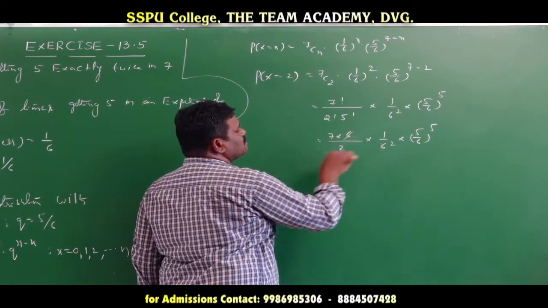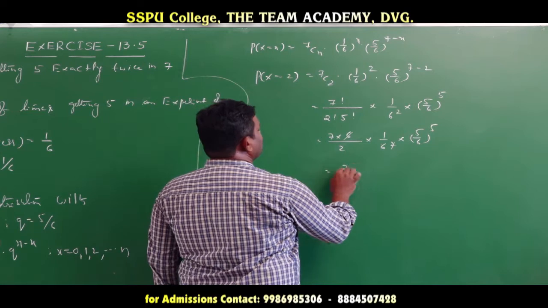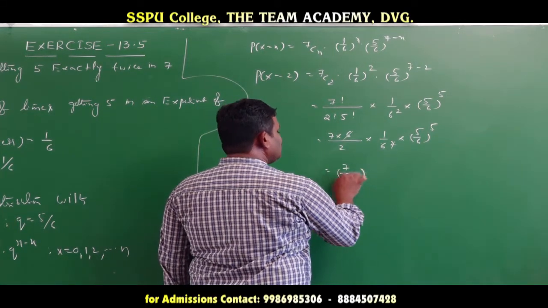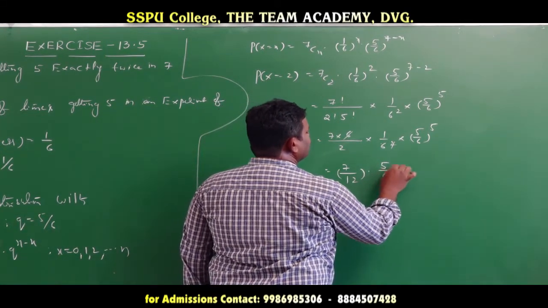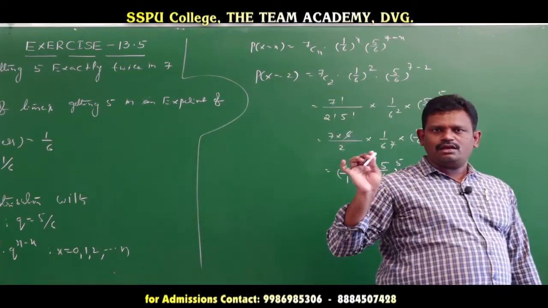Now cancellation: 6 ones are 6, cancel. Remaining, 7. 2 sixes are 12. So 7/12 into (5/6)^5. So this is the required probability for the given question.